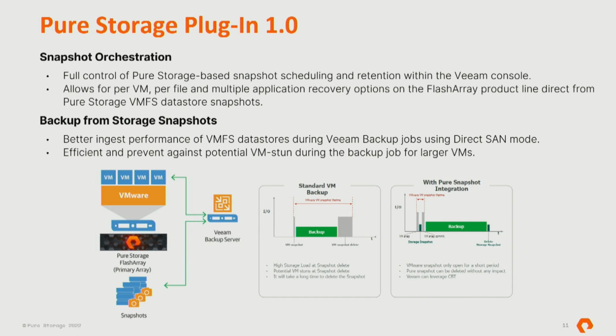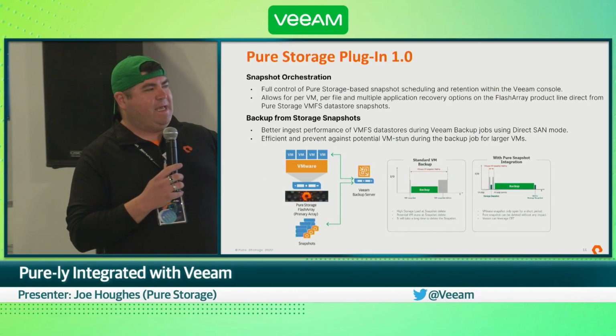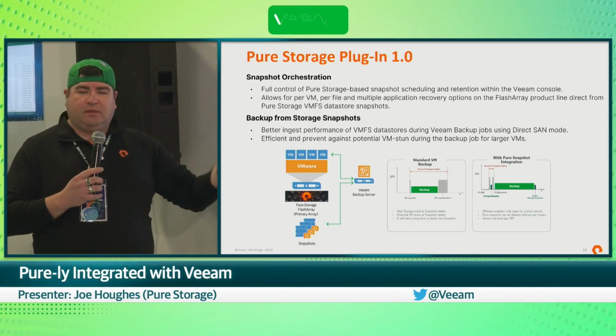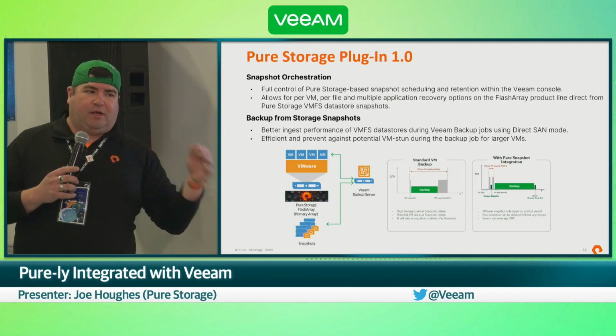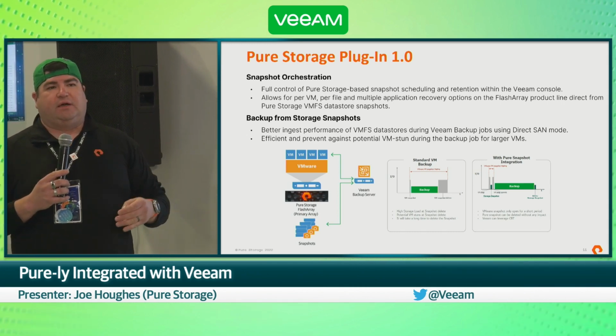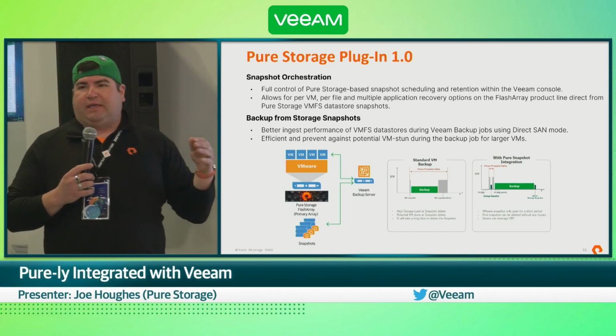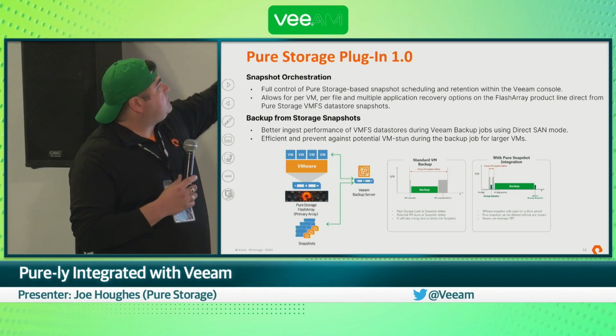So that stun time for the VM is milliseconds rather than your entire hour that it takes to back up that VM, right? And then we release the storage snapshot. We take the backup from the storage snapshot, delete the storage snap on the back end. It doesn't affect your performance, right? You're not taking all of that time where you have Delta files living against all of your VMs for this.